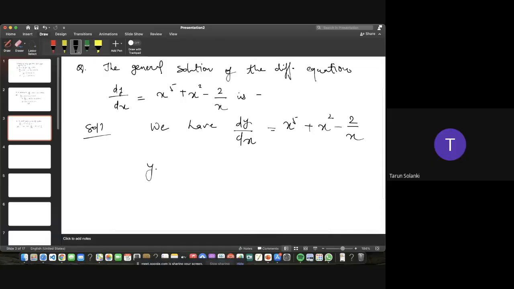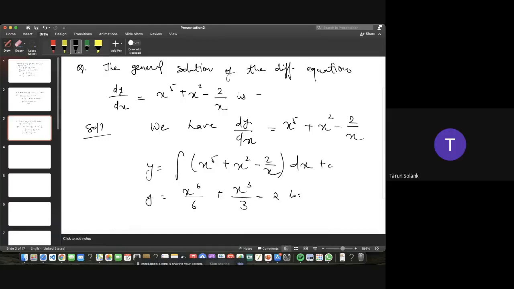Integrating both sides, y is equal to integration of (x to the power 5 plus x square minus 2 by x) dx plus c, and y is equal to x to the power 6 by 6 plus x to the power 3 by 3 minus 2 log mod x plus c.